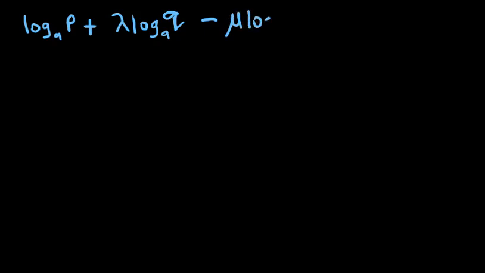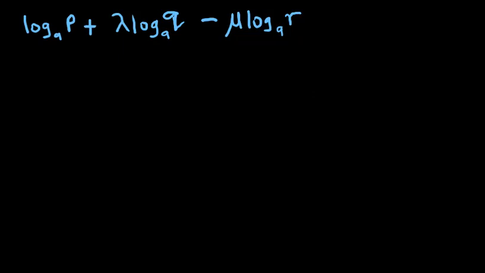So we have log A P plus lambda, this is a Greek symbol, lambda, log A Q, minus mu log A R. The concept is the same, regardless of what symbols they choose to use to represent the logarithmic expressions.